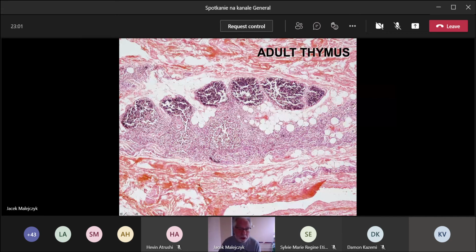It is important, therefore, to stress that the education and production of functional T cells occurs usually in our childhood and young period. Later on, the capabilities of our immune system disappear.